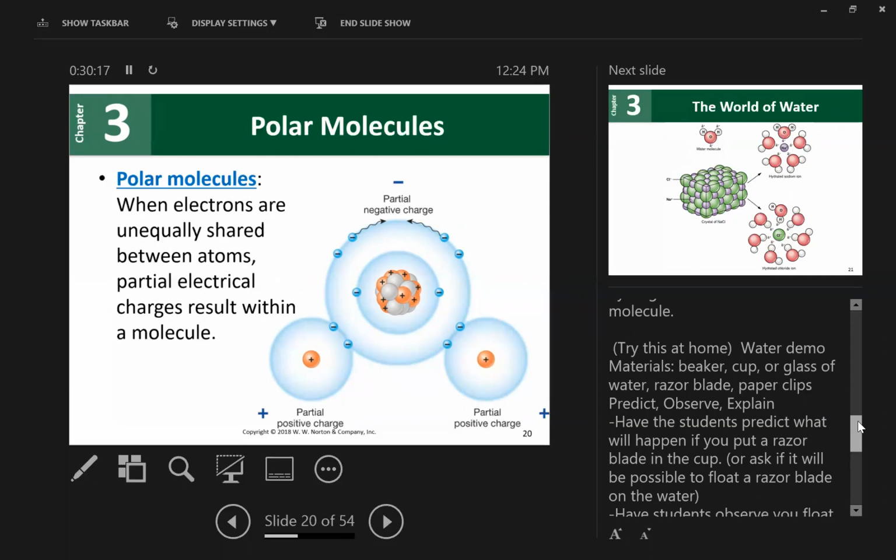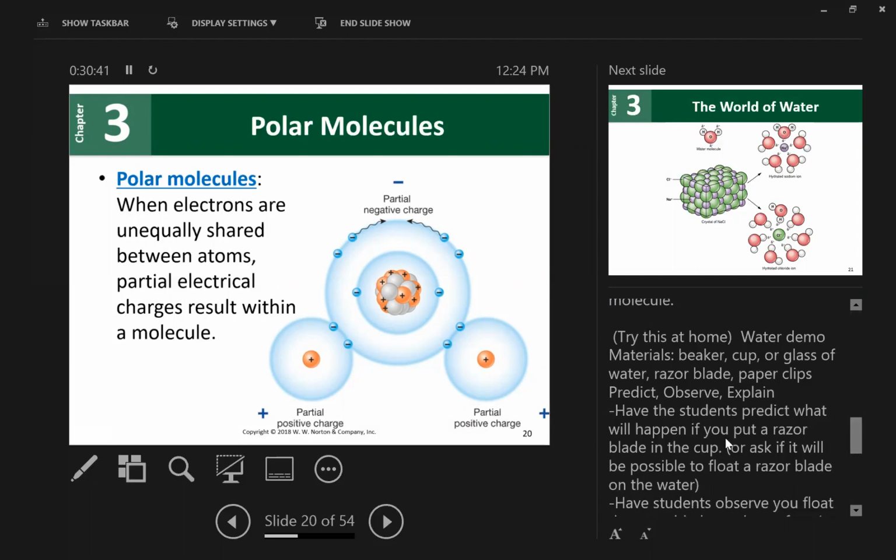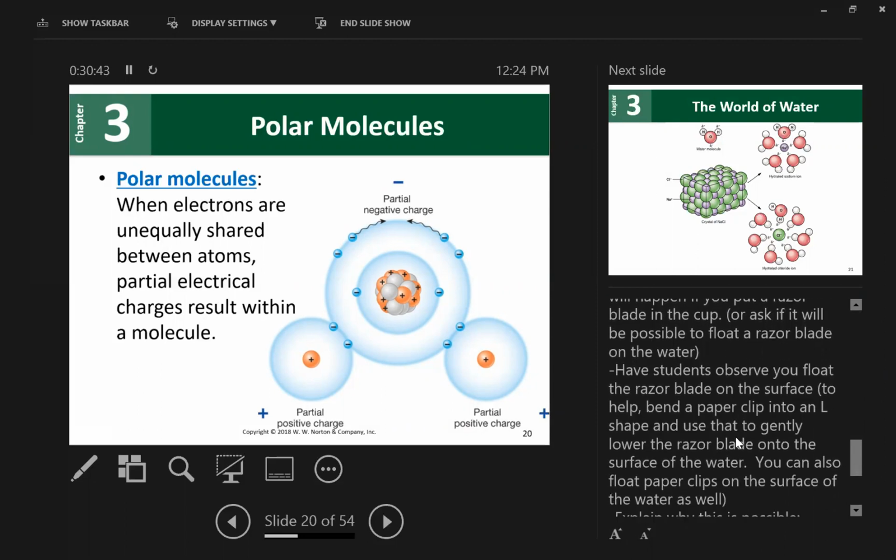What you'll see is that paper clip or that razor blade will float. Now take that same paper clip or razor and turn it on its side so that that sharp end or the skinny end will break through the atoms and it will sink. So let's talk a little bit about what we're observing there.